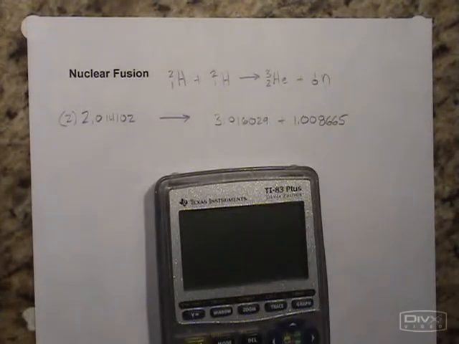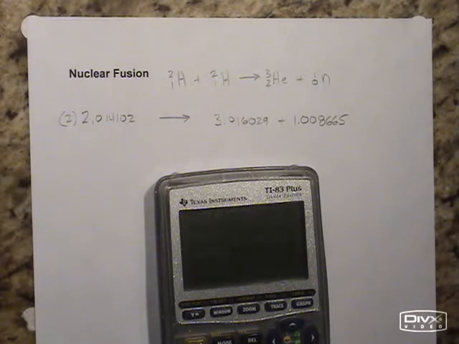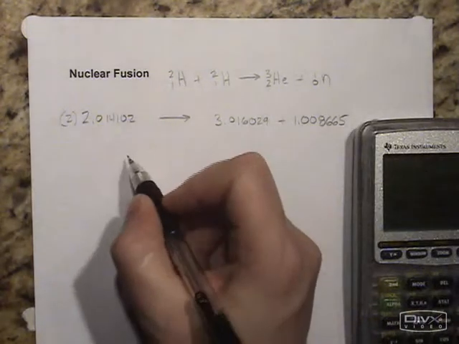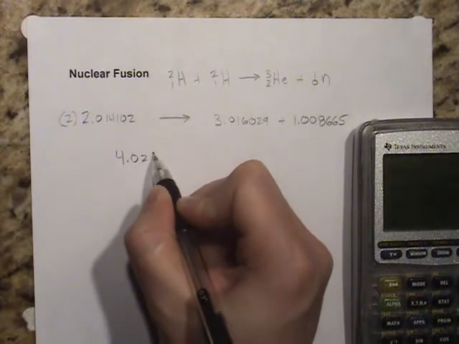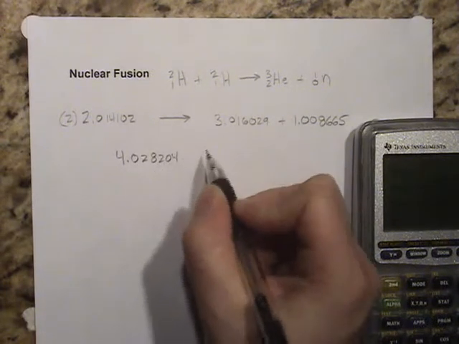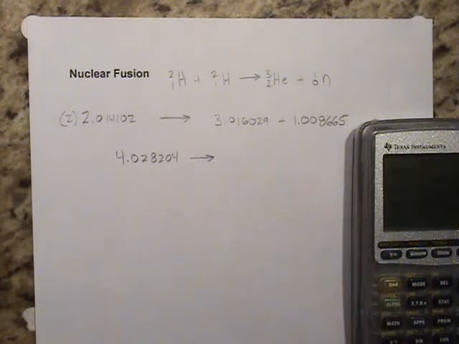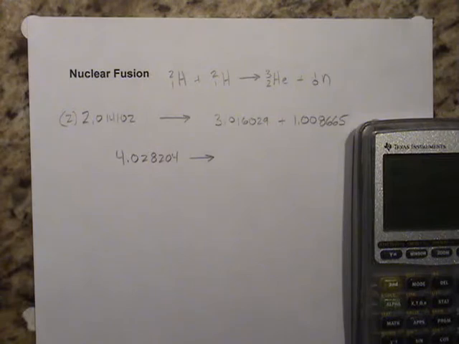Okay, so let's go ahead and calculate 2 times 2.014102. That gives a mass on the left side of 4.028204. And on the right side, we just need to add 3.016029 plus 1.008665.